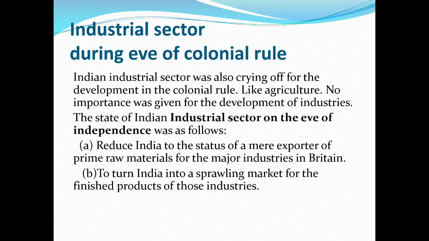Whatever products India had did not have any value in front of the finished products that were sold in the Indian markets. Britain's products wanted to come down to India and take the place of Indian products in the market, because those products were sold at the lowest cost.